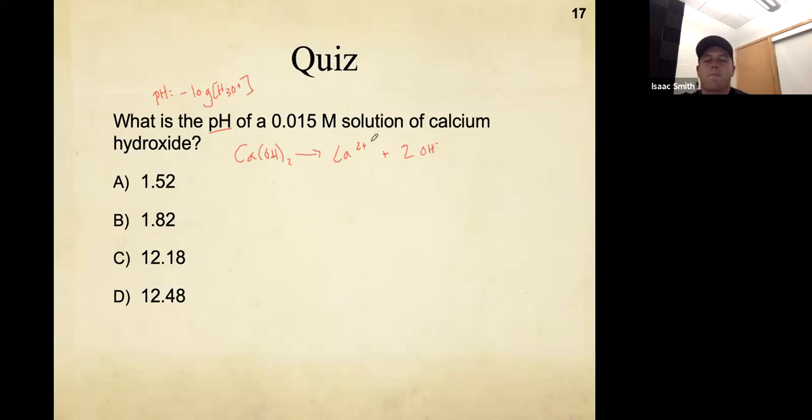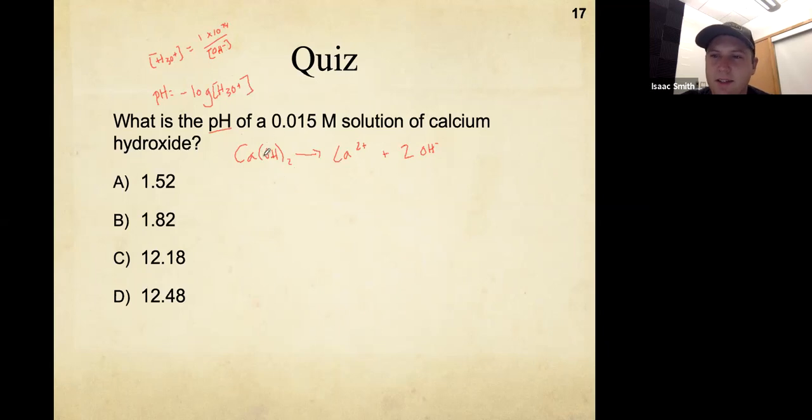Now, again, using the same equation from last time, we can solve for hydronium concentration using the fact that hydronium times hydroxide concentrations equal 1 times 10 to the negative 14. But we need the hydroxide concentration.